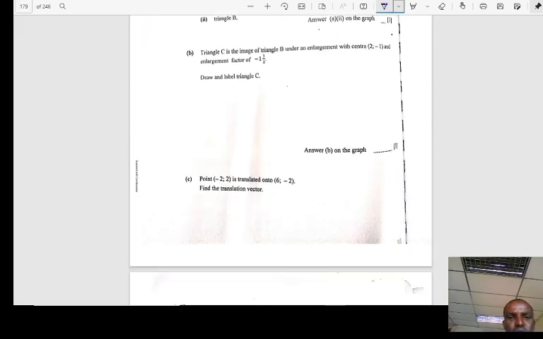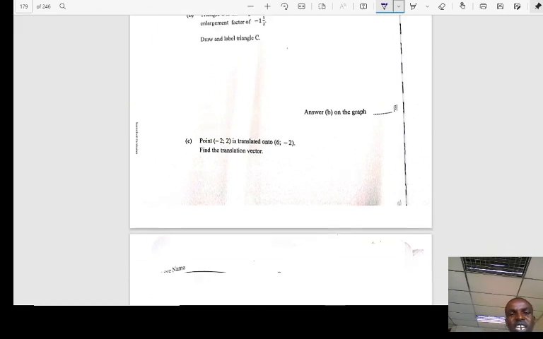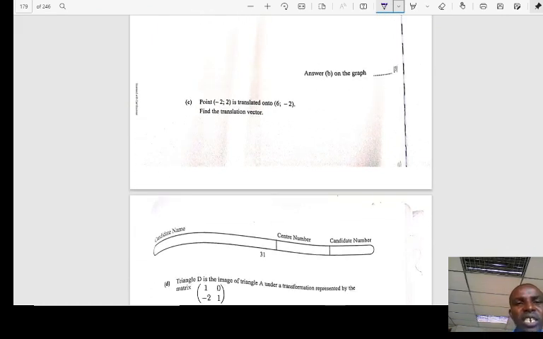Point minus 2, 2 is translated onto 6, minus 2. Find the vector of translation. So this one you just add. So original point minus 2, 2 plus the translation vector is equal to image point, 6, minus 2. We don't have the vector here.